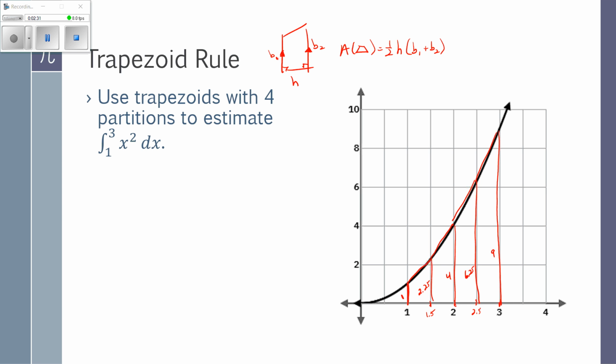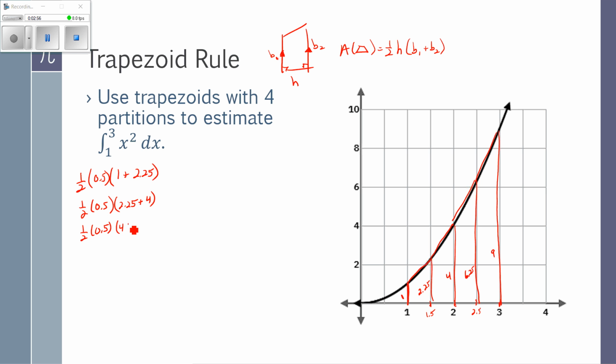So if I start from the left, I have 1/2. The height is 0.5. The bases are 1 and 2.25. The next trapezoid, I have 1/2, the height is 0.5, the bases are 2.25 and 4. My third trapezoid, I have the 1/2, a height of 0.5.